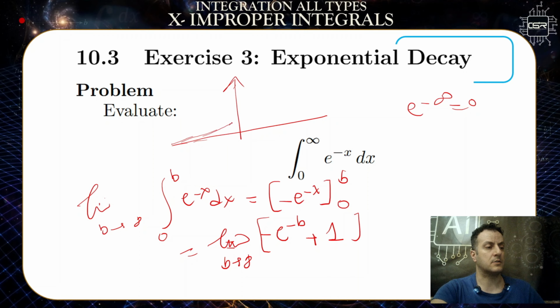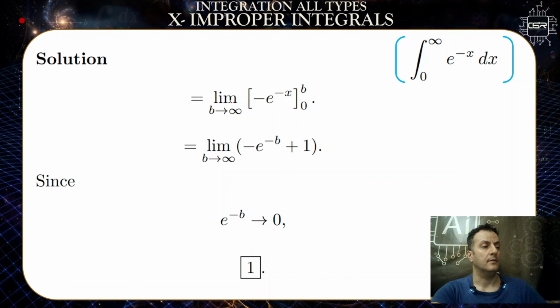Then it starts increasing. e to the 0 is equal to 1 and it climbs all the way to plus infinity. Hence, e to the minus infinity is 0. So this entire thing approaches 1. The limit as b approaches infinity of minus e to the minus x between b and 0 is minus e to the minus b plus 1. This becomes 0. You end up with 1.